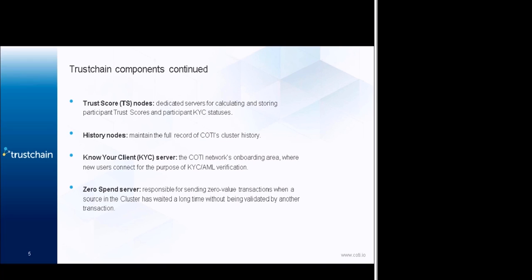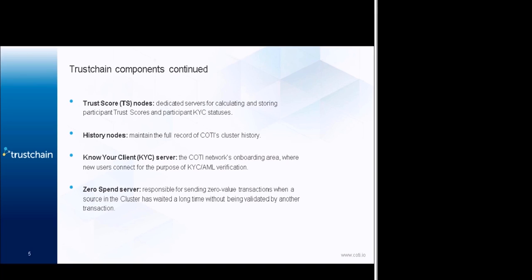Another very important type of node is the COTI trust core node, which is responsible, as its name says, for calculating participant trust scores within the network. And the last type of nodes are history nodes, which are responsible for storing all the transaction history of the COTI ledger.